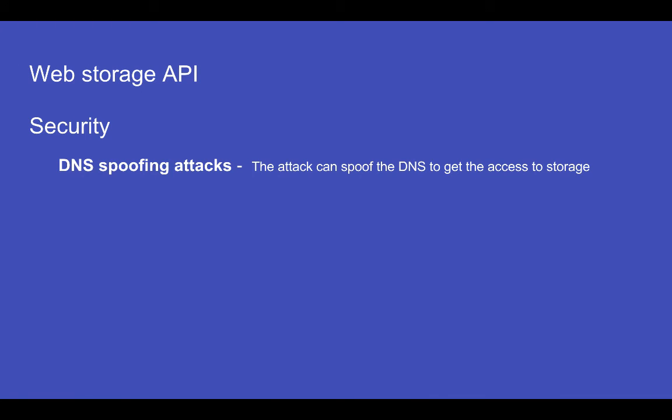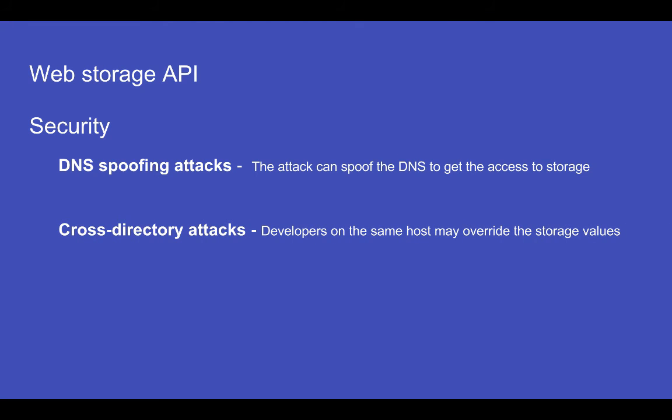Then there are a few security concerns about these web storage APIs. The first one is DNS spoofing. This is working based on the domain, right? Per domain, you can set these values. So if somebody spoofs the DNS entry, then he would be able to access the stored information.